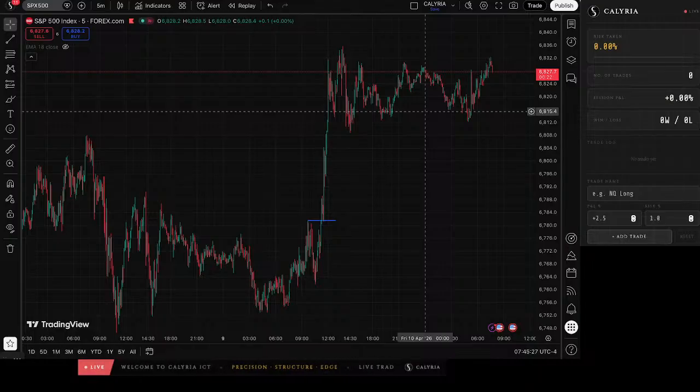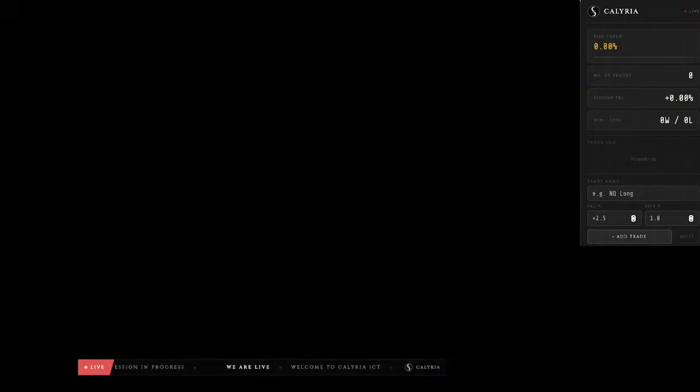Guys, there is no immediate setup, but a potential setup that can be formed in SPX, but there is no immediate setup today.